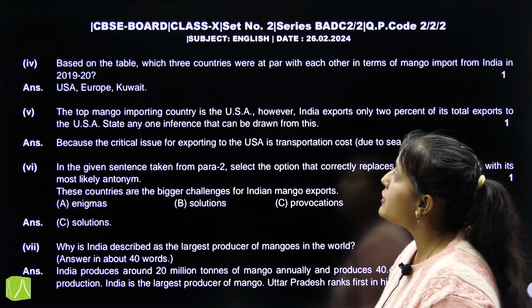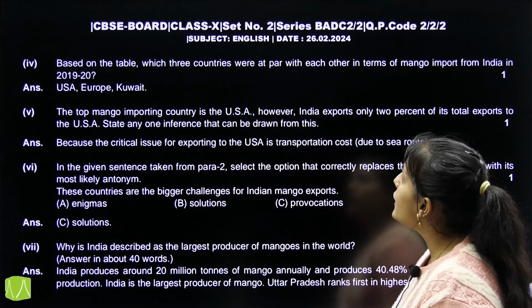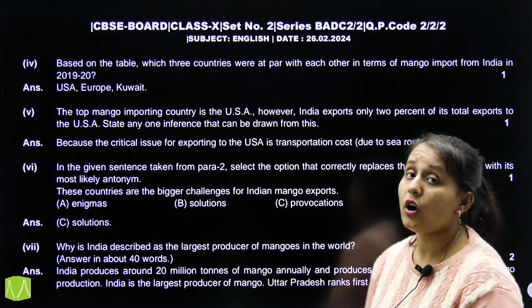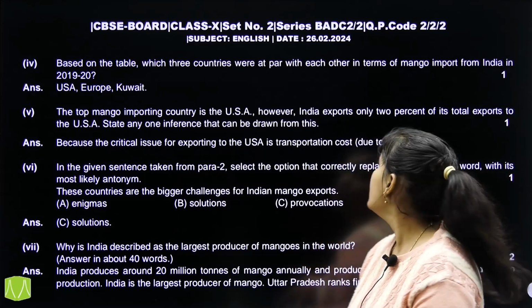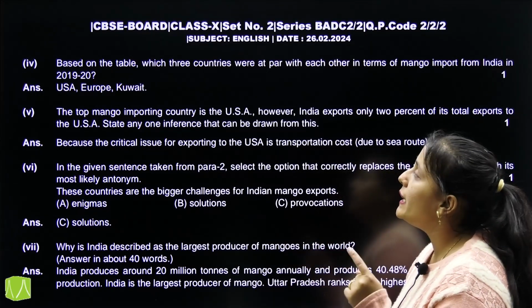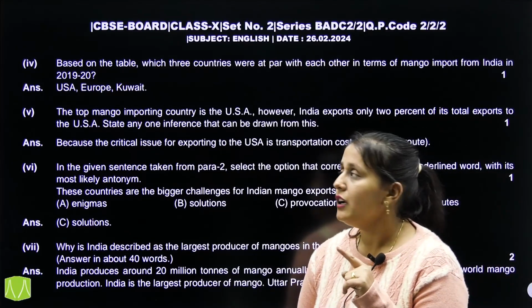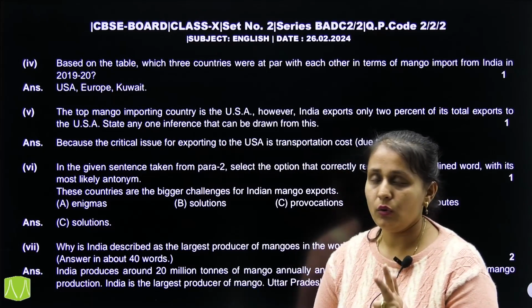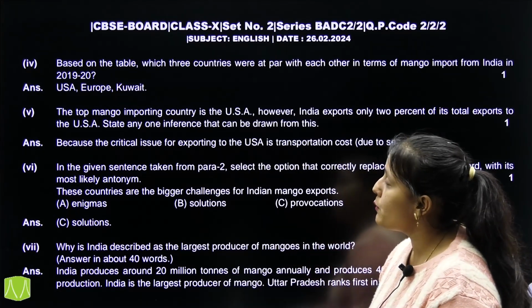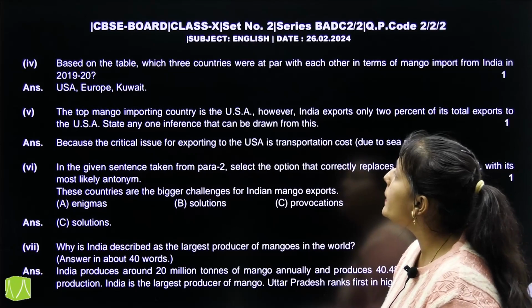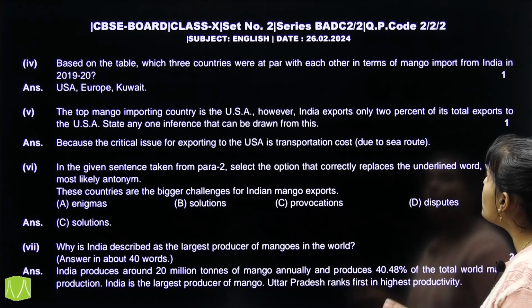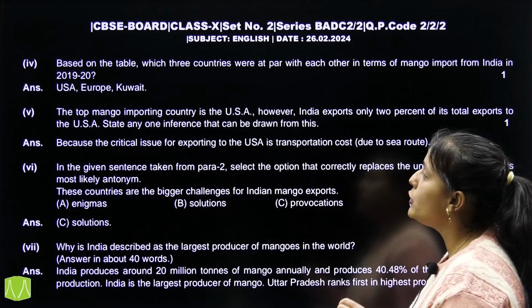Next question is, based on the table, which 3 countries were at par with each other in terms of mango import, not export but mango import from India in 2019 and 2020. So it was USA, Europe and Kuwait. The fifth question is, the top mango importing country is the USA. However, India exports only 2% of its total export to the USA.